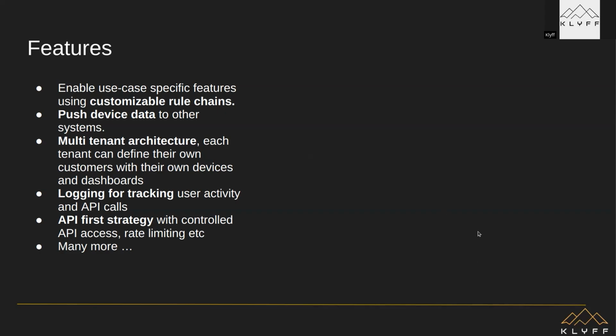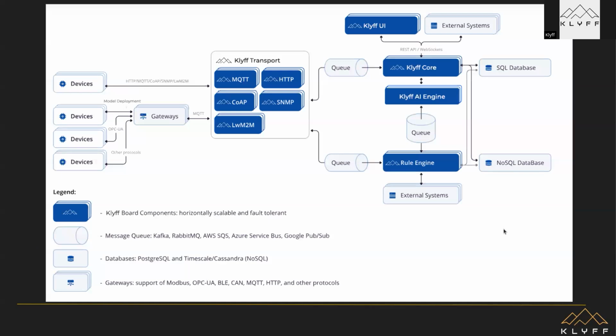Quickly, let us also look at the architecture of Klyff. What you see here on your screen is that it supports various devices, and various protocols are supported, as you can see.